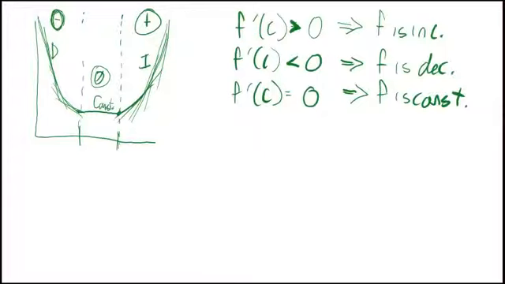Let's look at why. Let's bring critical numbers into this and see why they're so nice. Okay, so for a critical number, what could be happening? Let's say that for a critical number, it could be undefined or 0.